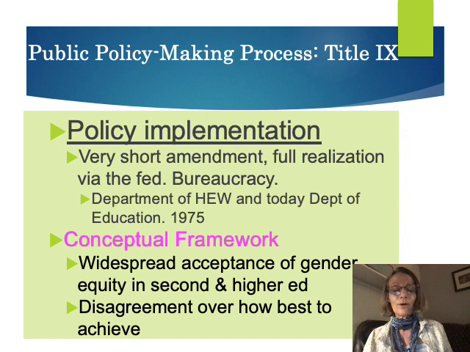There was a lot of concern about that. There was concern about textbooks and should there be gender neutral language, etc. So you'll learn more about that as we move through the semester, but there was widespread acceptance that there should be gender equity, but how to achieve it, there was disagreement, and that disagreement sort of played itself out in the way that Title IX was implemented.